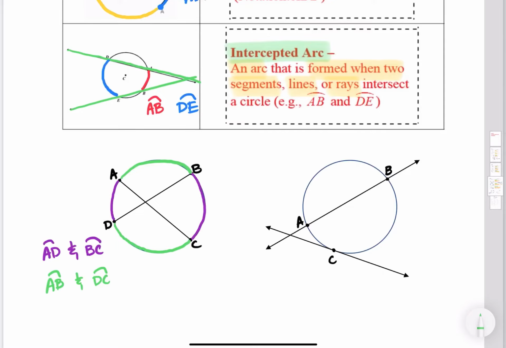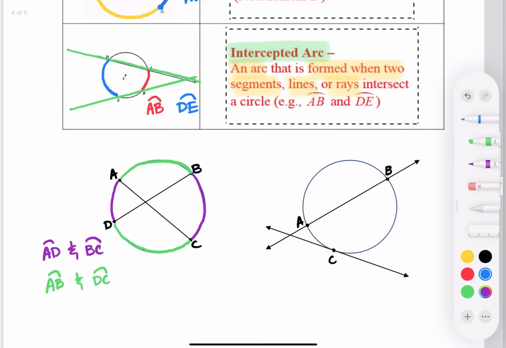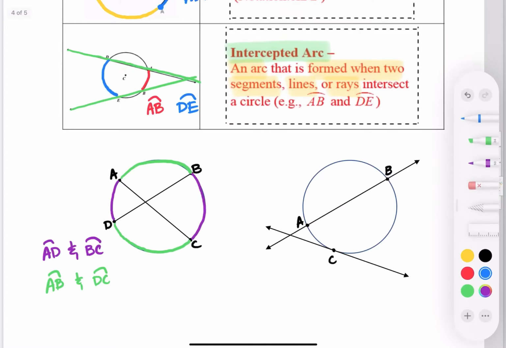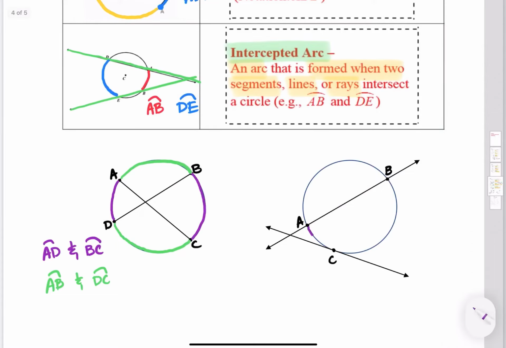And then we have a secant and a tangent over here on the right. The secant and the tangent are going to be intercepting a couple of arcs. The first arc is going to be AC, so we can see that first arc.